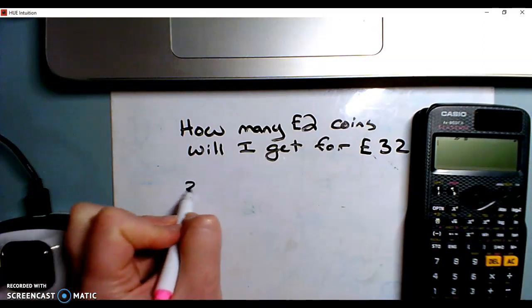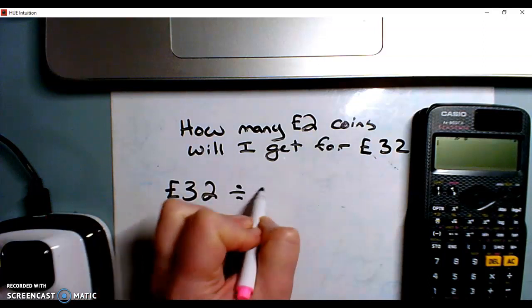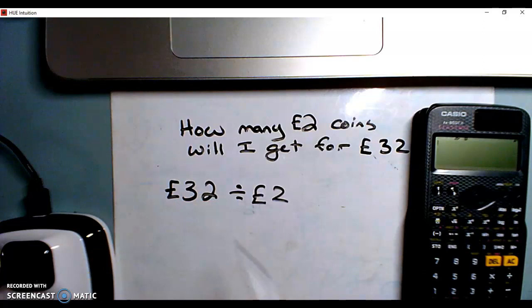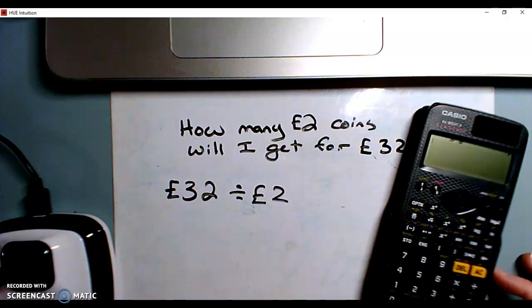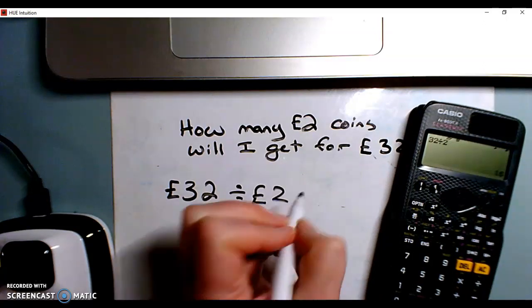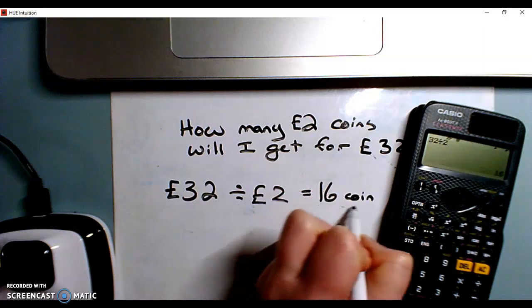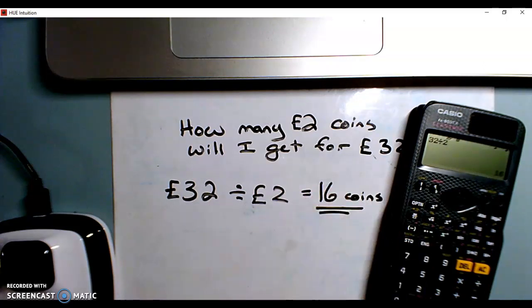So what I need to do is I want to know how many £2 coins are there in 32 pounds. This is a division. So I'm going to go 32 divided by 2, and as you can see, I'm going to get 16. So I would get 16 £2 coins to make 32 pounds.